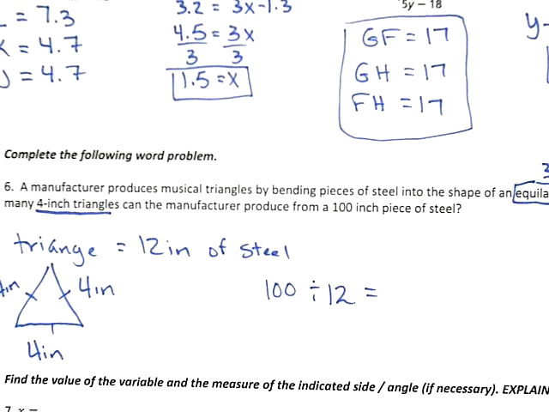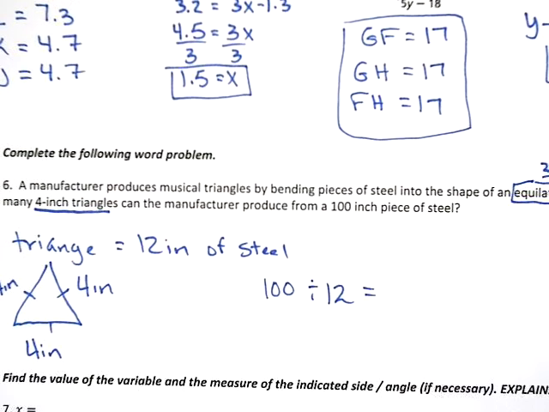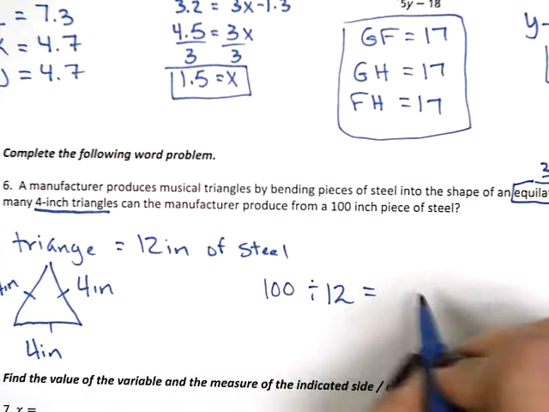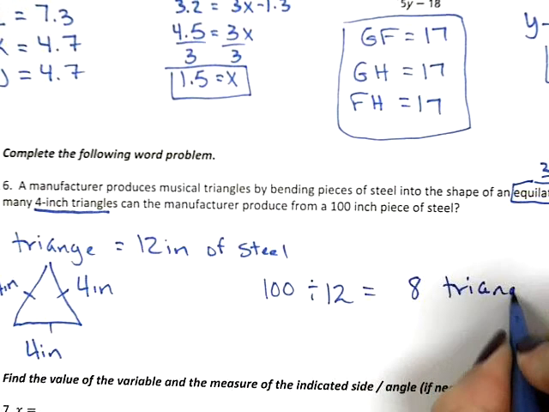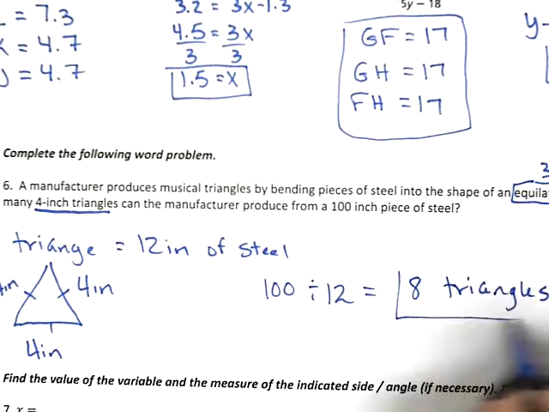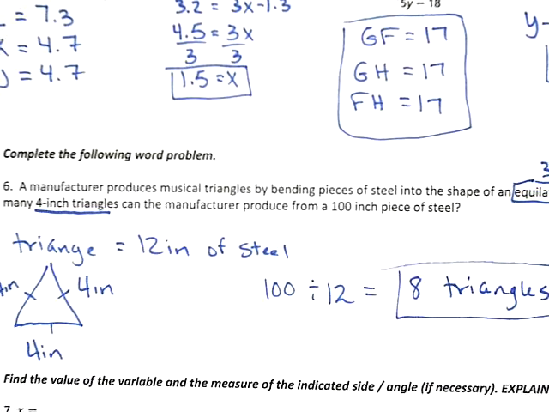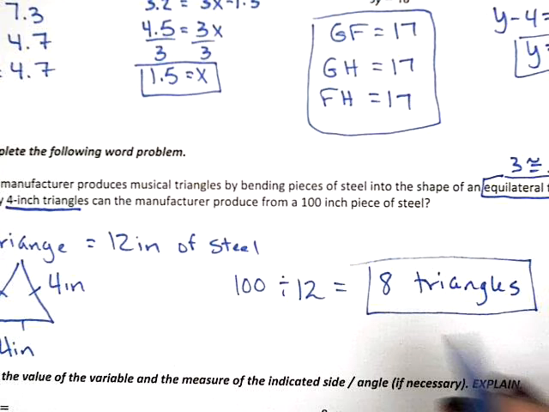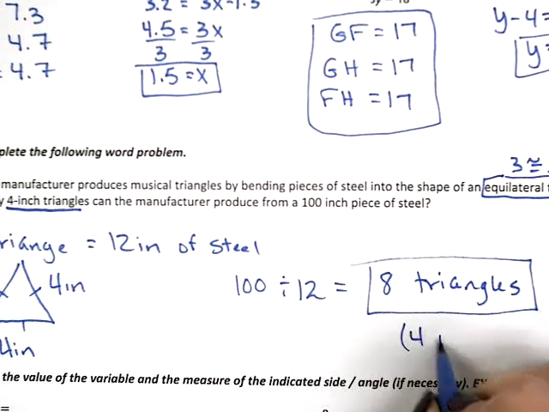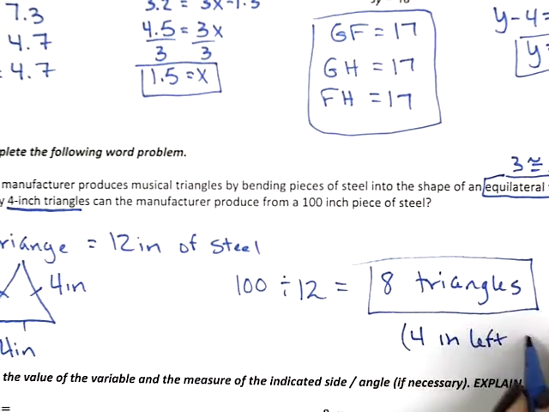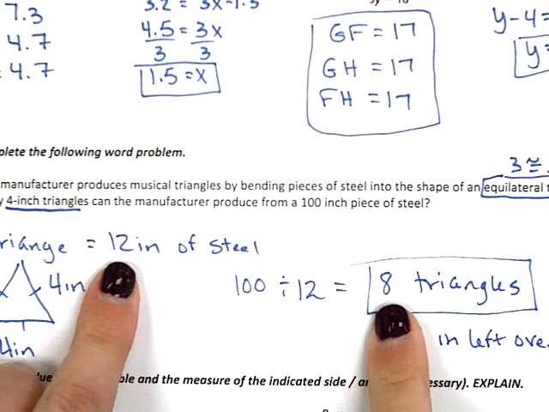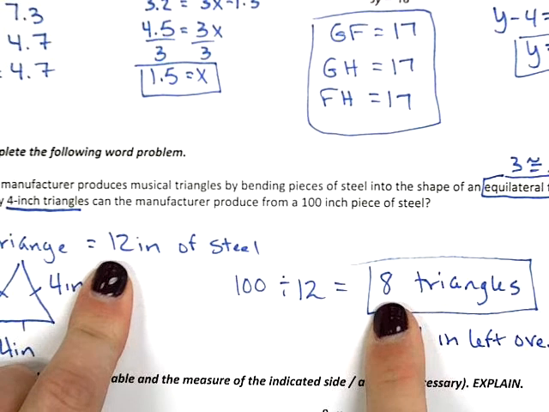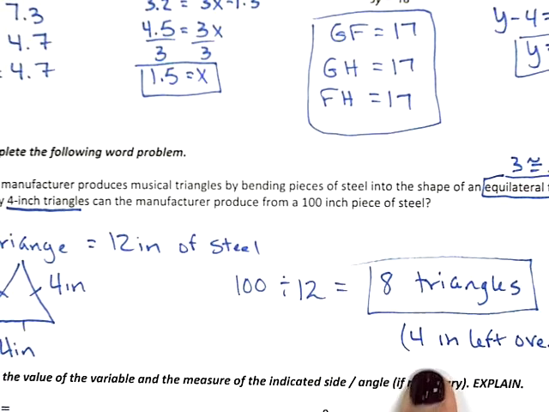If you've got your calculators with you, you should get that it's 8 and some. So we have to say that it's 8 triangles, because we can't have a portion of a triangle, right? We get 8 complete triangles, and we actually have 4 inches left over. Because if we make 8 triangles that are 12 inches each, it gets us to 96, and so we've got 4 inches left over. Cool?